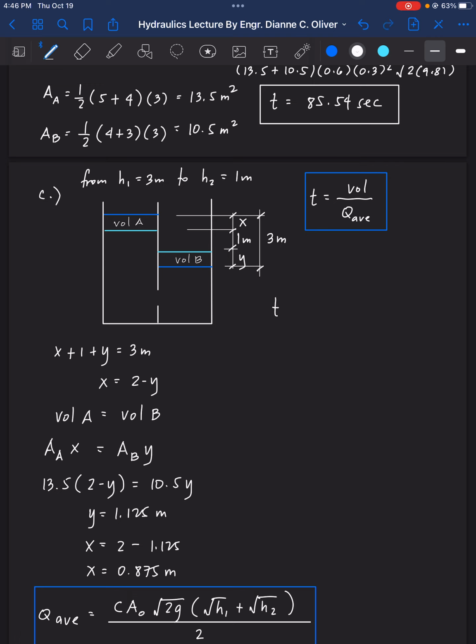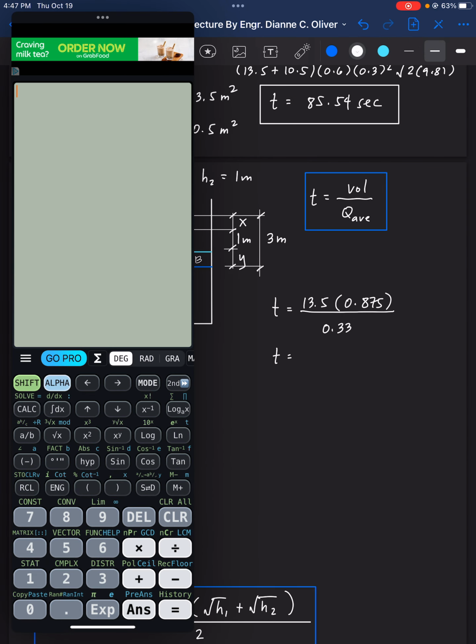That's what we are going to use here at the top. So time now is equal to the volume. Let's say volume at A, so 13.5 times dx of 0.875 divided by Q average of 0.33. So time is 13.5 times 0.875 all over 0.33, which is 35.8 seconds.